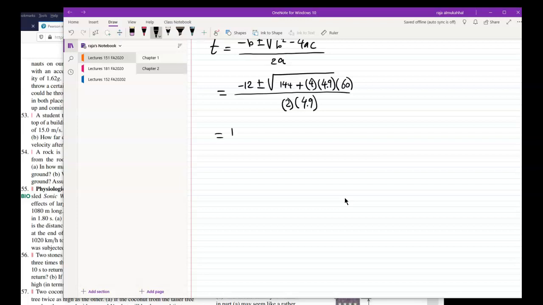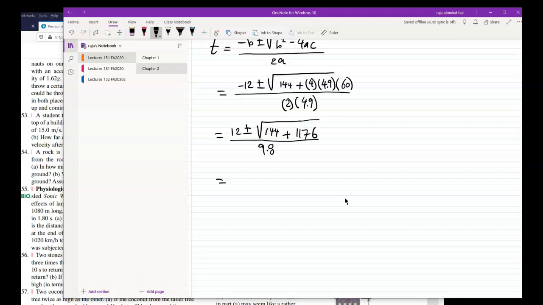So I'm going to get 12 plus or minus square root of 144 plus, using my calculator, I hope you're working with me, 4 times 4.9 times 60, answer 1176, divided by 9.8.